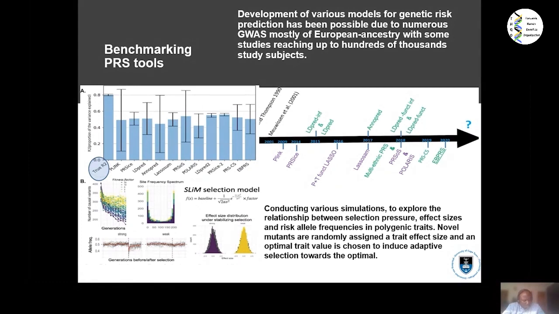In doing so, we also tried to figure out how the accuracy and behavior of PRS can be if someone uses a European cohort as the training model, and African or other diverse populations as the test model. So here we go.